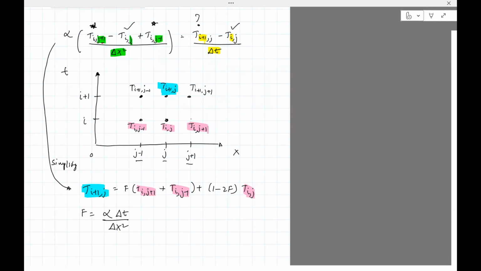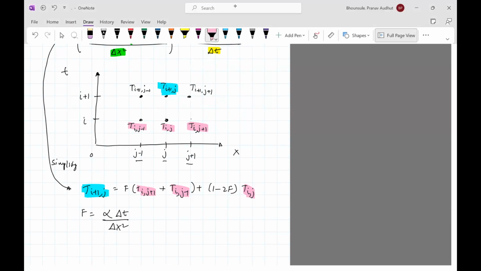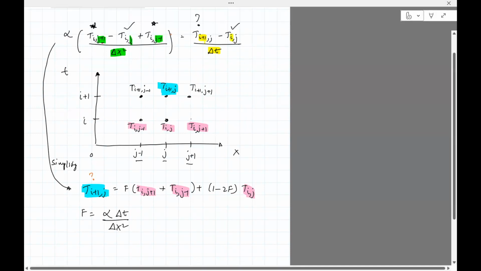Right? So in order to compute this quantity, which is the temperature at time i plus 1, I need to look at the neighbors in this fashion. I need to go one level down, that is at a time index i, and look at these three neighbors, and sum them up in that fashion.